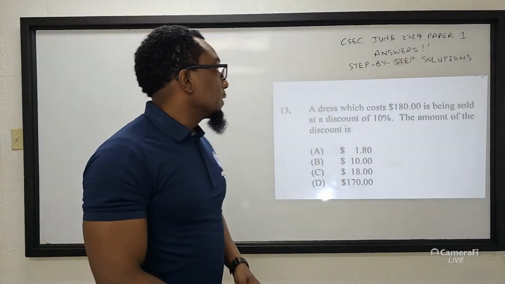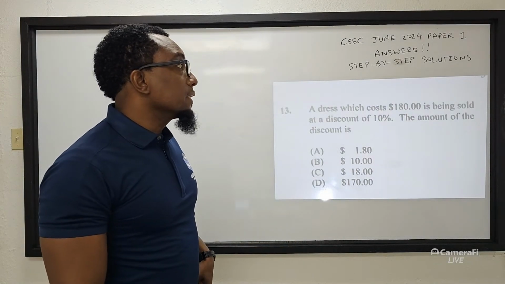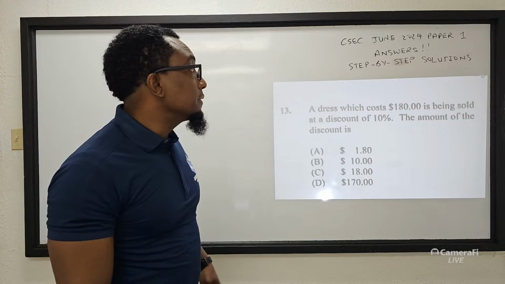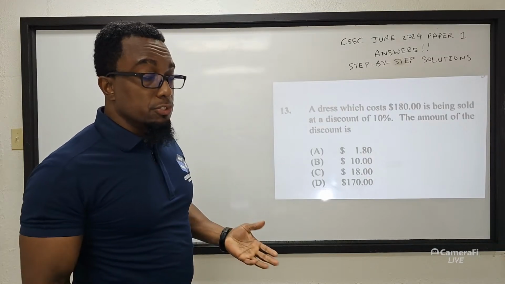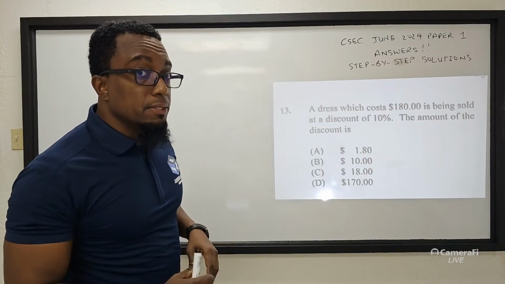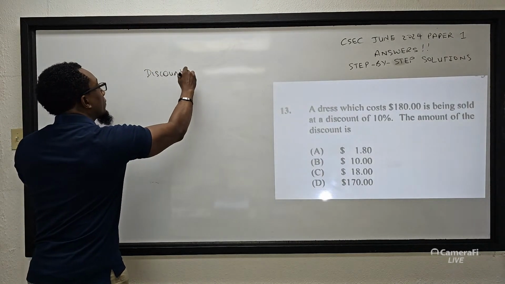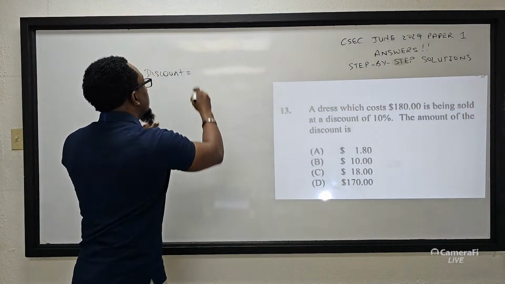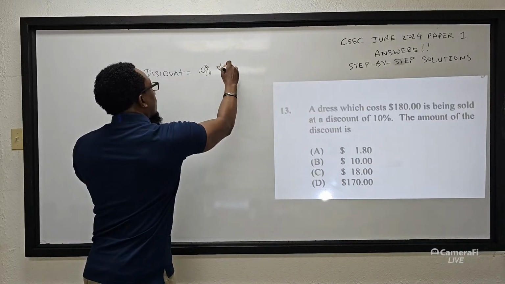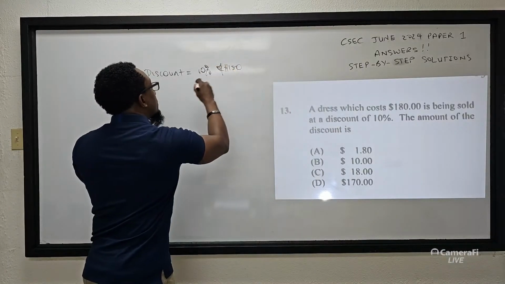Question 13. A dress which costs $180 is being sold at a discount of 10%. The amount of the discount, not the discounted price, but the discount, will be 10% of $180.